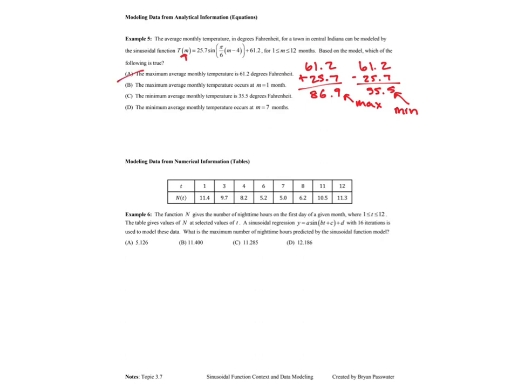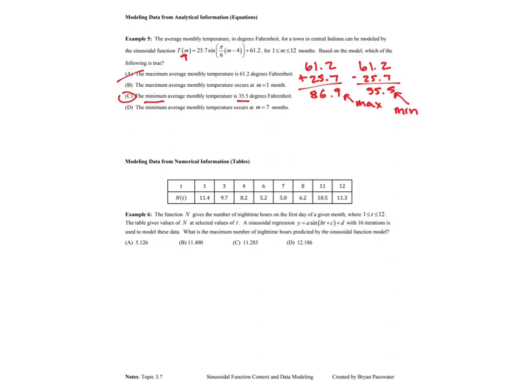No, that's the midline. B says the maximum average monthly temperature occurs at M equals 1 month. You don't know that that's not true. So hold on. C says the minimum is 35 and a half. We just verified that. So I would say C is right, but we've got to disprove B and D.